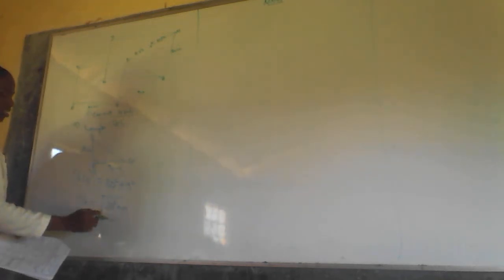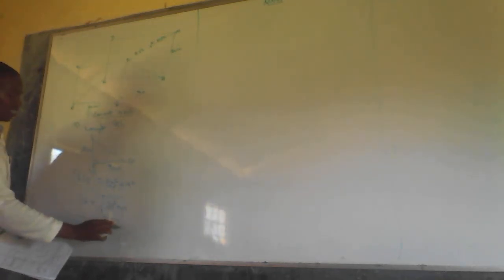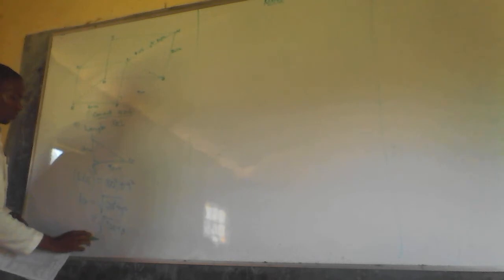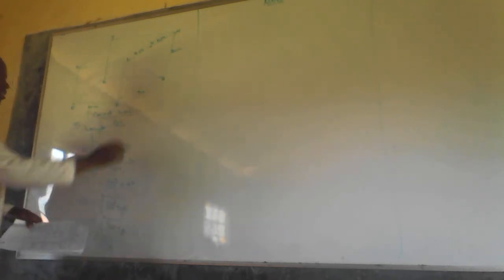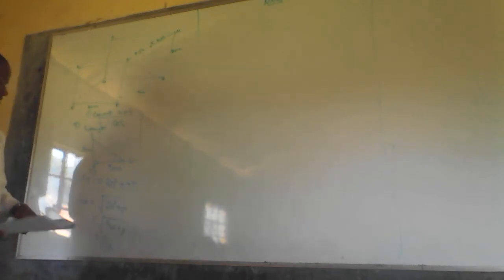Because if you square this and this one, it's the same 900 plus 81, which gives us the square root of 981. So if you get the square root of that, it gives you what? 31.32.